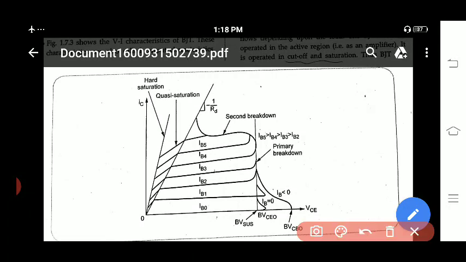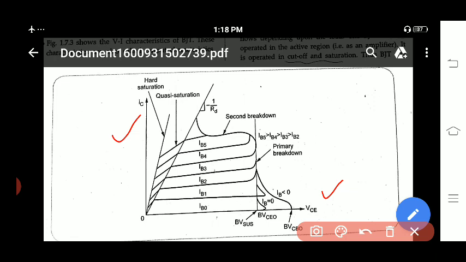Along the x-axis you have represented VCE, along the y-axis they have represented IC, and as you apply base current IB, it shifts from cutoff region to saturation region.